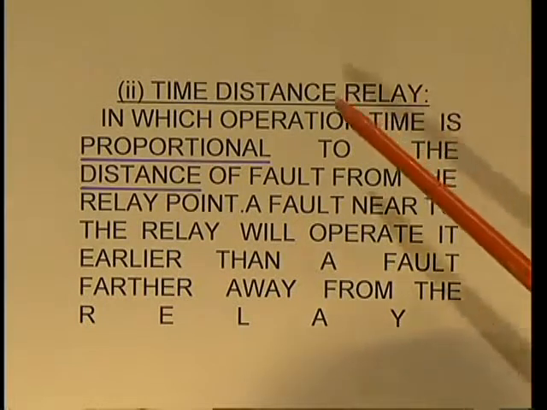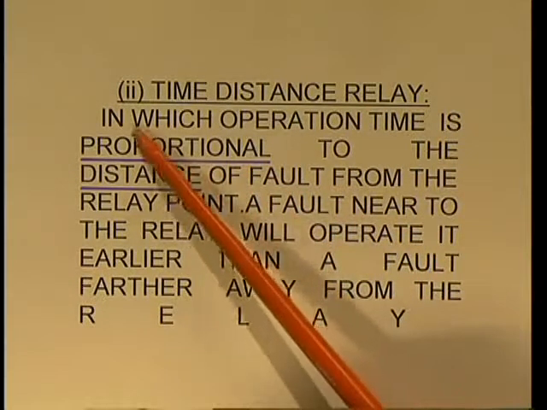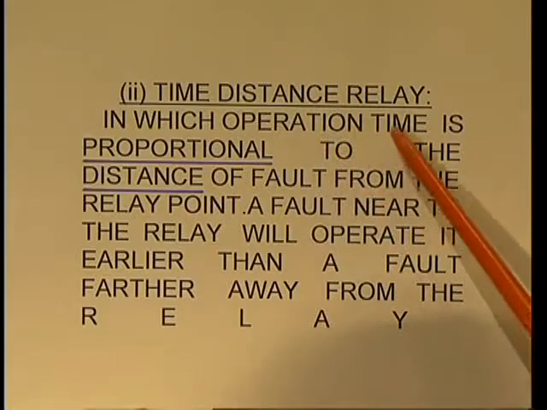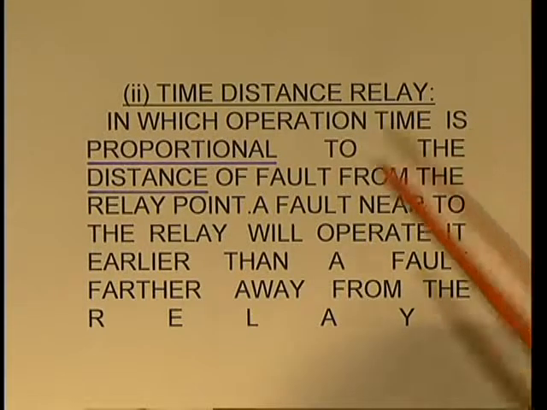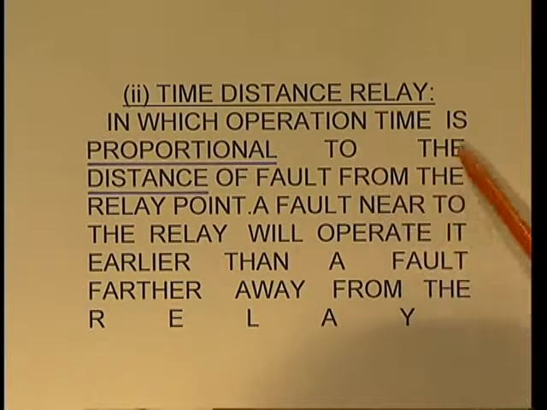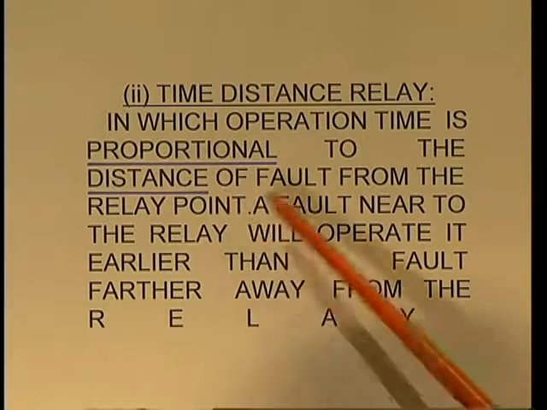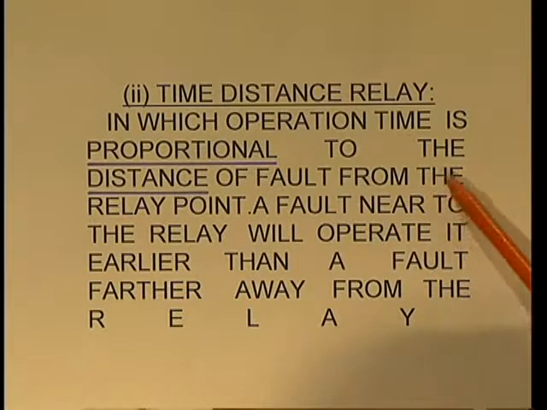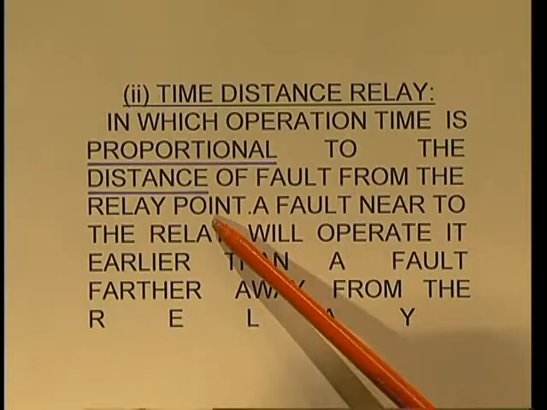The second category of relays is the time distance relay. In the time distance relay, the operating time is proportional to the distance of the fault from the relay point.